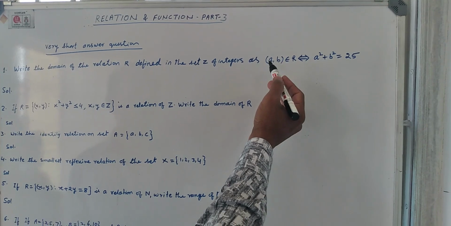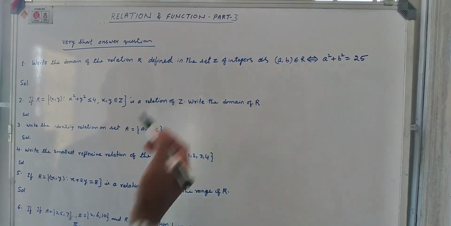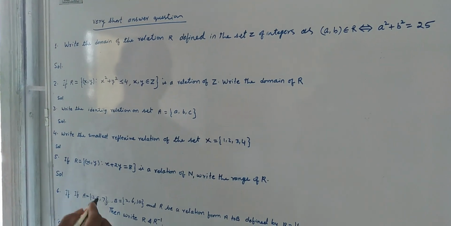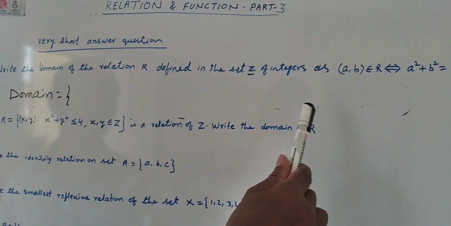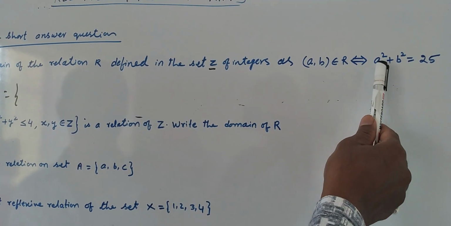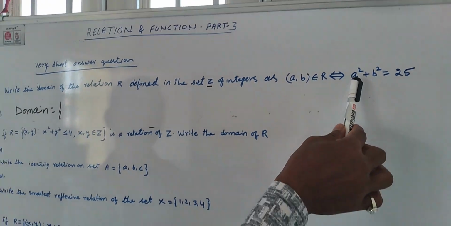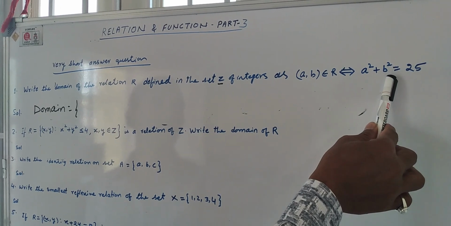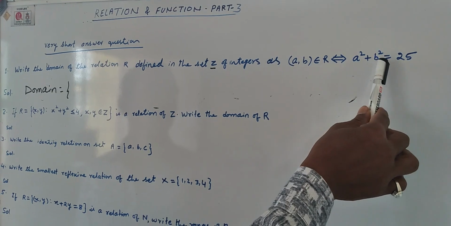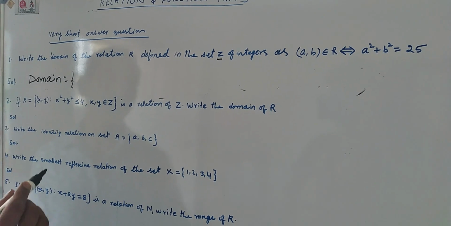We know the domain of any relation is the set of first components of R. So write down here what is the domain of this relation. Here the value of a, what we can put: 0, 5, 0, minus 5, 3, 4, minus 3, 4, 4, minus 3, and this way we can put all possible values of a.